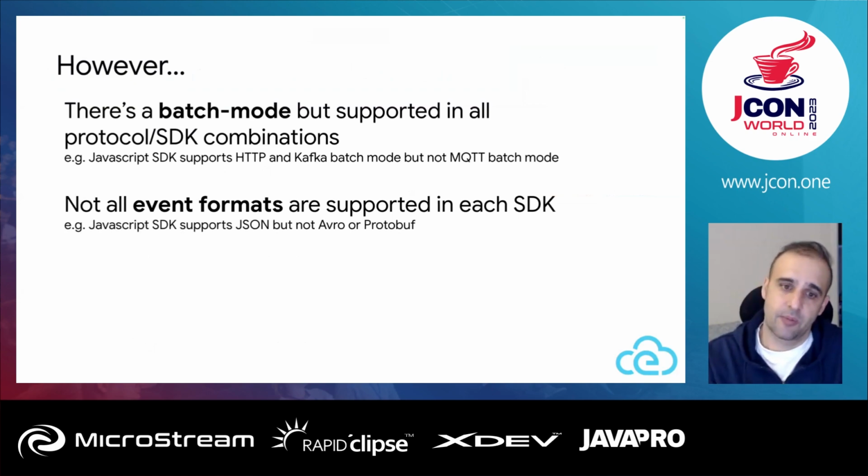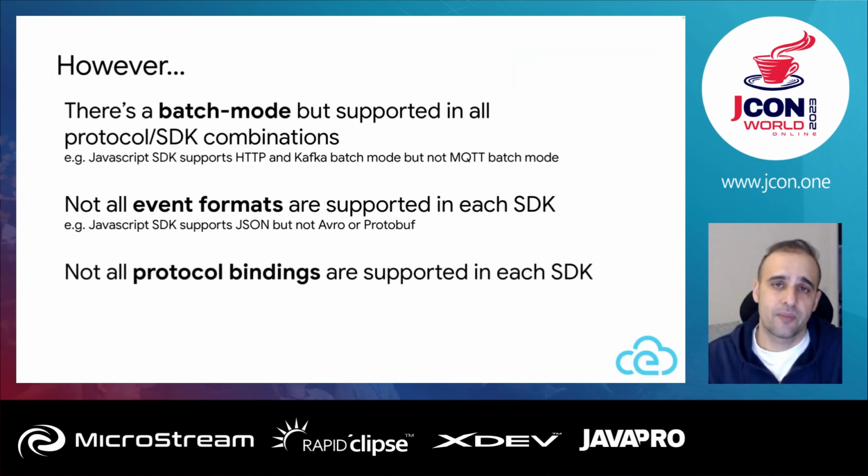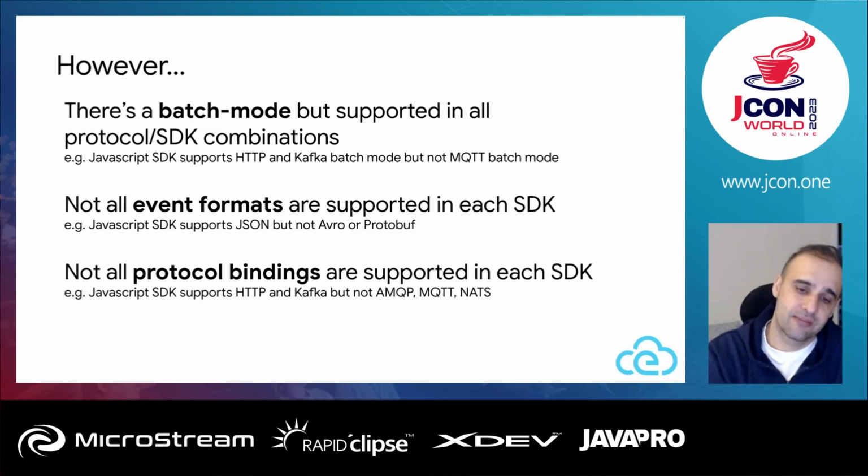Again, the JavaScript SDK supports JSON, but not others. And not all protocol bindings are supported in each SDK either. The JavaScript SDK supports HTTP and Kafka, but it doesn't support the rest that I mentioned here. So the point is that there are a lot of different combinations you can use in CloudEvents with batch modes, event formats, protocol bindings, and languages.